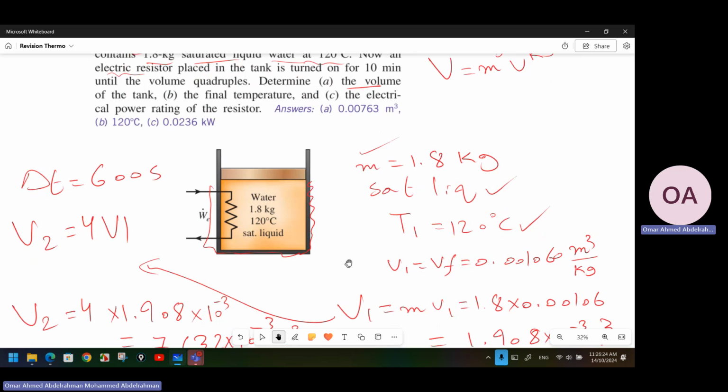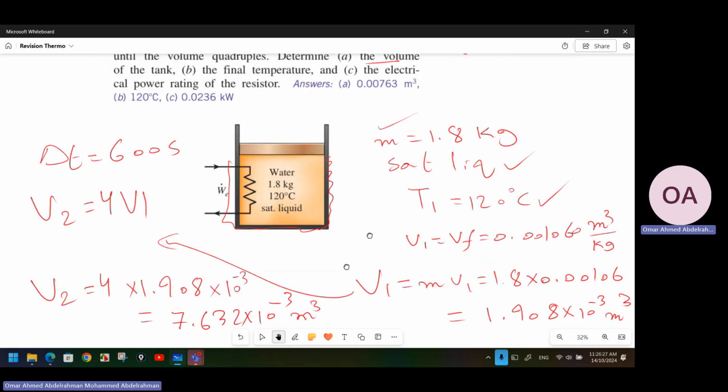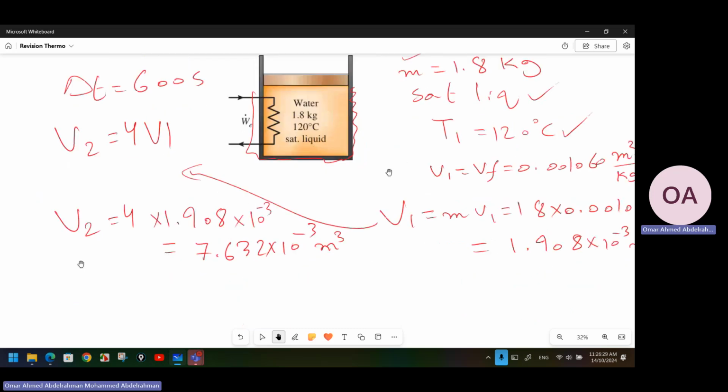We know that we need to use the table. For state 2, what can I get from the tables? I can get the specific volume, right? Because I already have the volume at state 2 and I have the mass. The mass will not change, either for state 1 or state 2. That's the closed system chapter. So specific volume v2 is equal to capital V2 over m.